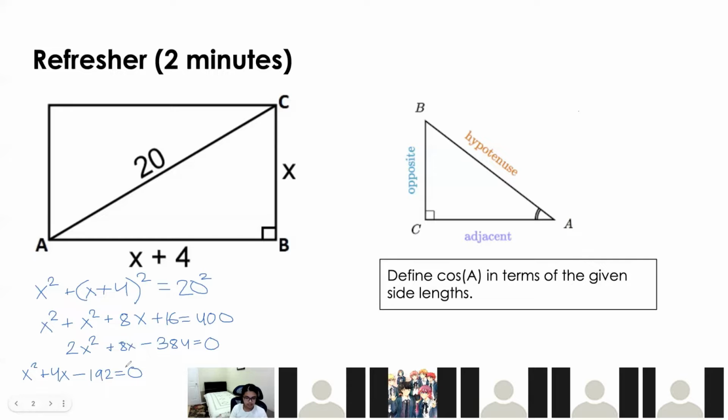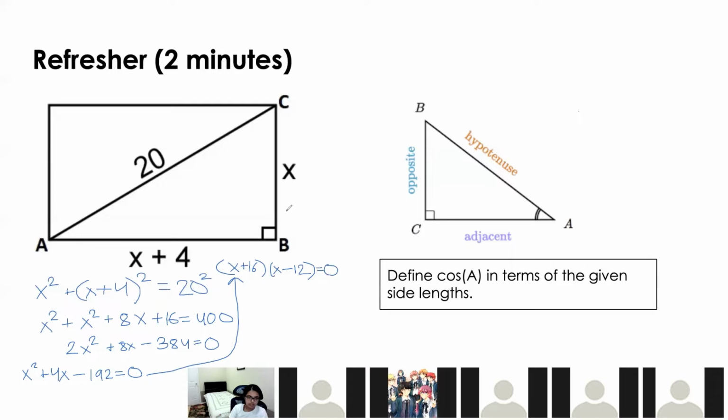And did anyone factor that quadratic? x is 12, okay. So (x plus 16) times (x minus 12), okay, thank you, Ian. So this, x plus 16 times x minus 12 is equal to 0.